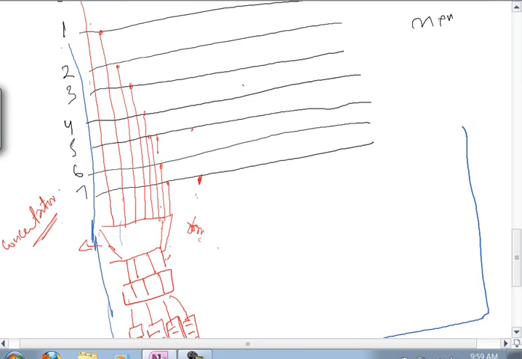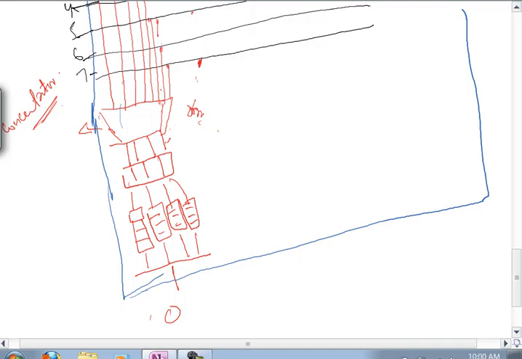These are inputs which are coming. This is the second input, third input, fourth input, 5, 6 and 7, and then something happens here, and then it will go to output 0.